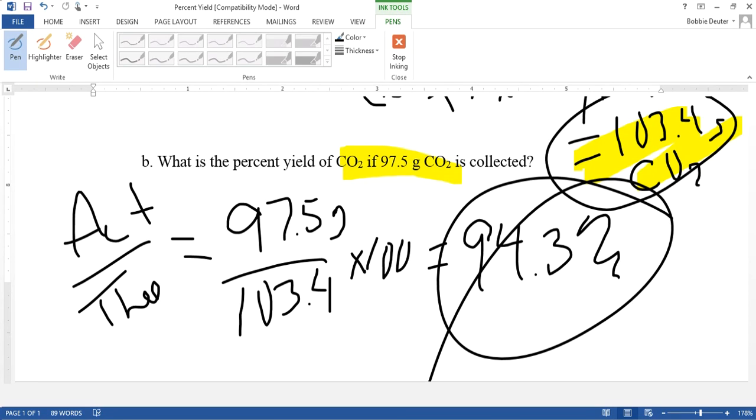And so you have to figure out where that error was. Was it in your measuring of your masses? Was it in how you conducted the experiment? Did you just have so much residue stuck to the side that it was just off? You've got to be able to tell what's going on with that. Make sure that you determine that before going any further, because you probably have a product that's not any good.